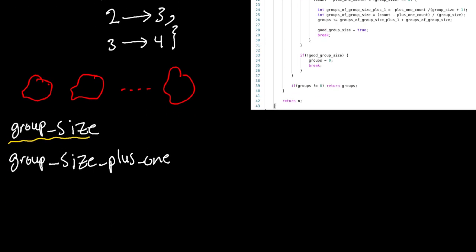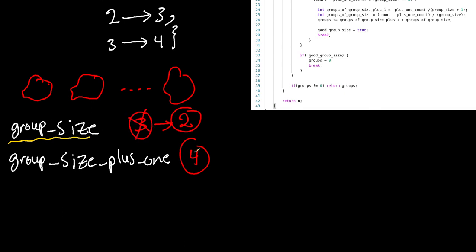Then what we will do is to check if group size, we start at the maximum group size 3, and in this case group size plus 1 will be 4. We need to check if we can divide the numbers in the array into groups where the group size equals 3 or 4, and if this is impossible, what we will do is check the next element, which is 2.